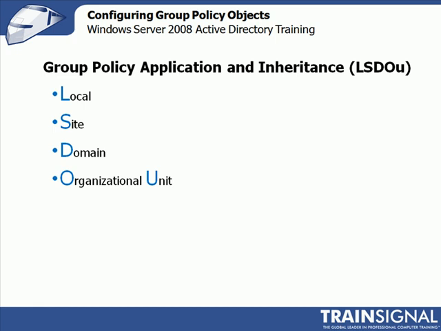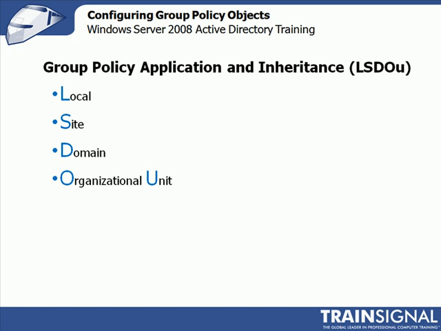Okay? Now, the next thing I want to tell you is that besides L, S, D, and OU standing for local, site, domain, and organizational unit, this is the actual order of application and inheritance. What this means is when a user logs on, as a for instance, the local policy will be looked at to see what settings this user should have.